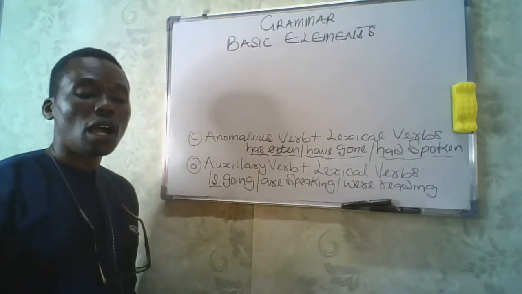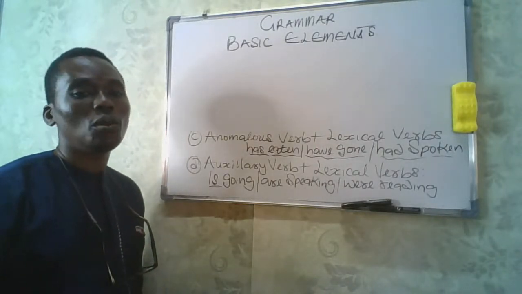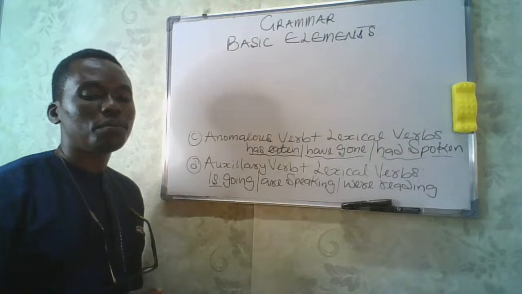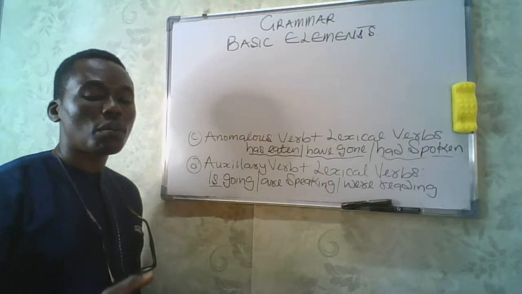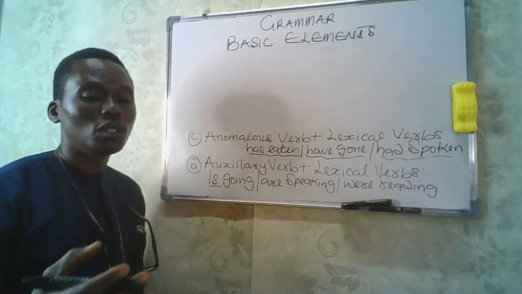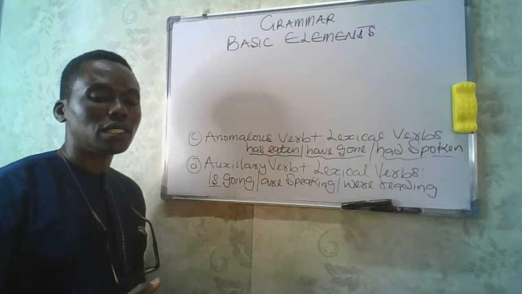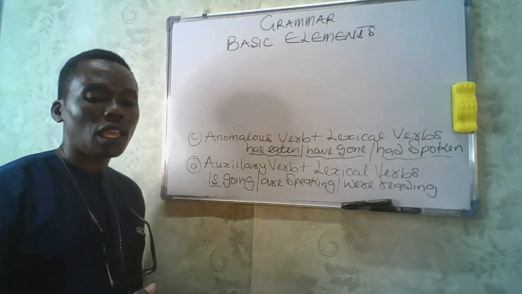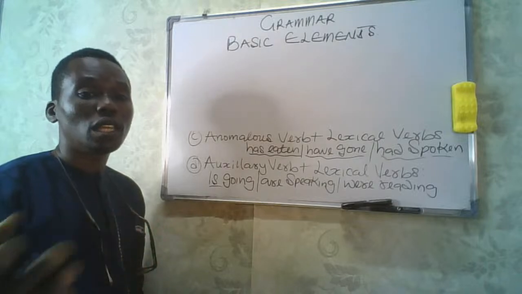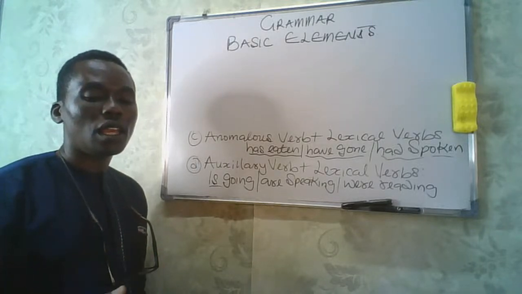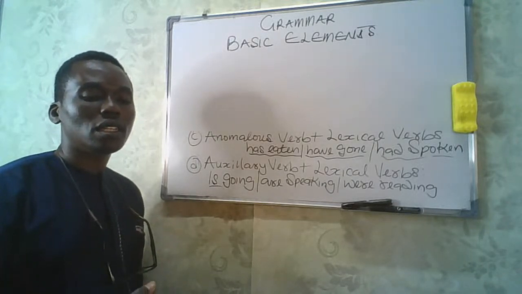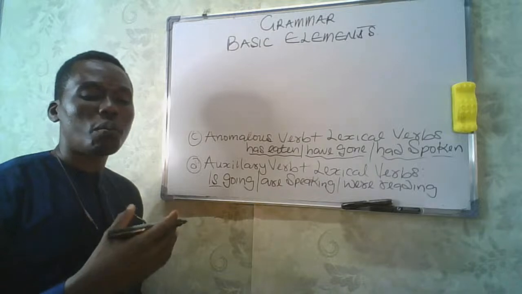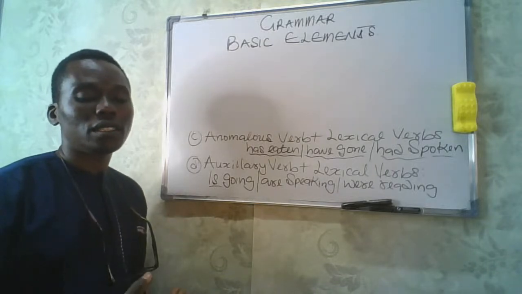Now we can also have primary auxiliaries alone as a verb. And when we talk about primary auxiliaries alone, we look at verbs as is, she was here, they are. All what? They are all primary auxiliaries alone.